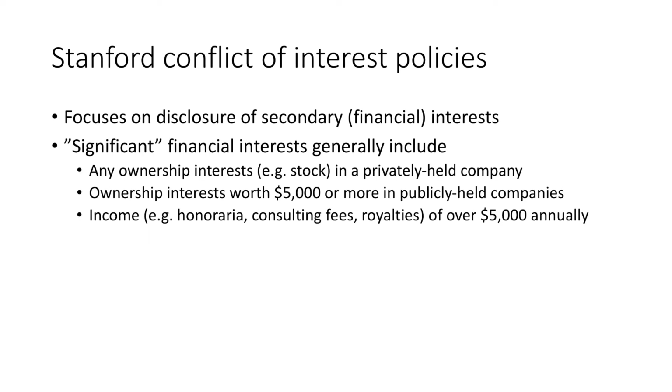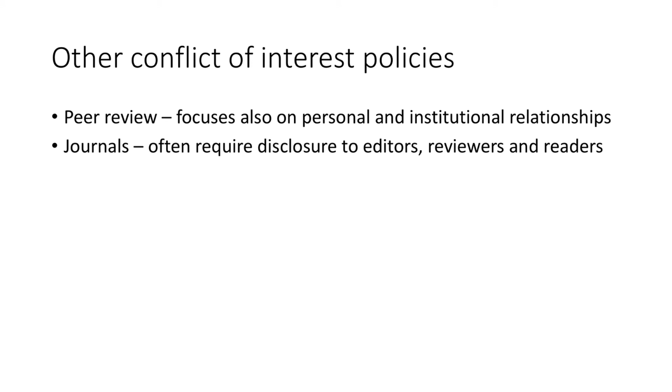To comply with these regulations, Stanford requires disclosure of financial interests that are related to research, focusing on those interests that are considered significant, but also including those of immediate family members. In peer review and publication, there is also often a requirement for reviewers to disclose personal and institutional relationships and to mitigate conflicts of interest by recusal. In publication, disclosed conflicts of interest are often made public.